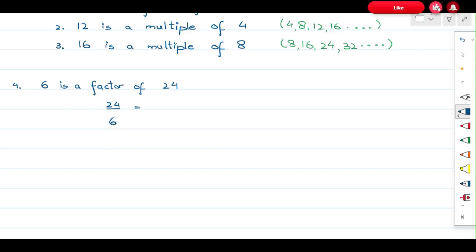So we need to write down the prime factorization of 24. The prime factors of 24: 2 times 2 is 4, 4 times 2 is 8, 8 times 3 is 24. Dividing by 6, whose prime factorization is 2 times 3 is 6, right? If I cancel this out, 2 is cancelled with 2, 3 is cancelled with 3. You can see the denominator reduces to 1.